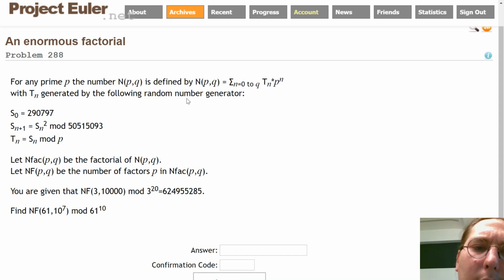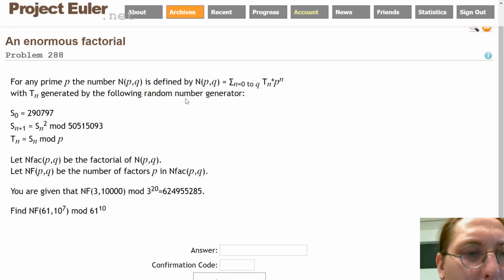And then the factorial of that. That means the product of all until there. And then the number of factors in that factorial, the number of factors p. So it's actually the highest power of p that occurs in that.